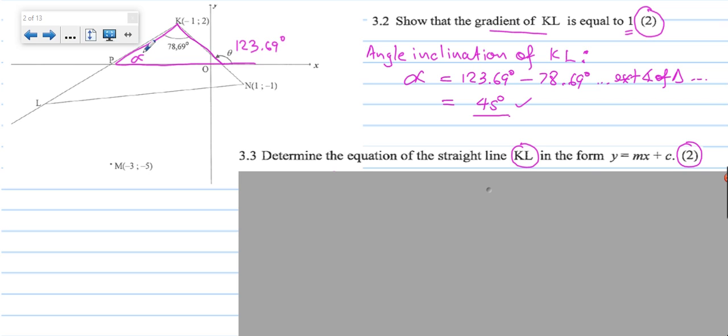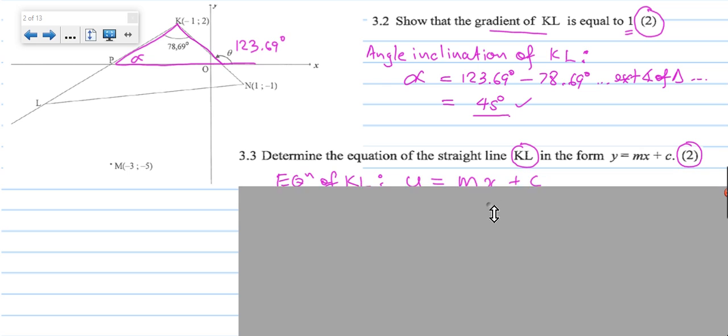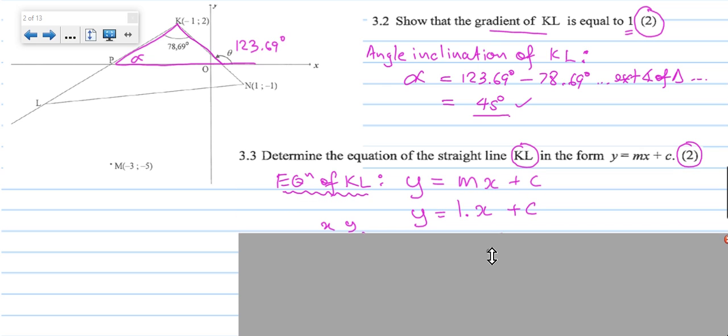So we need to find the gradient. What is missing here is how did we get that to be 1? The gradient of KL is equal to tan 45, and therefore the gradient of KL is 1.